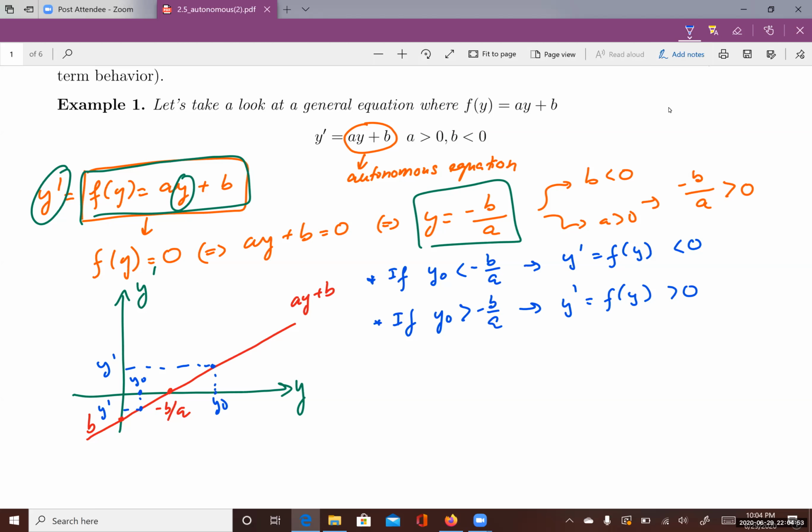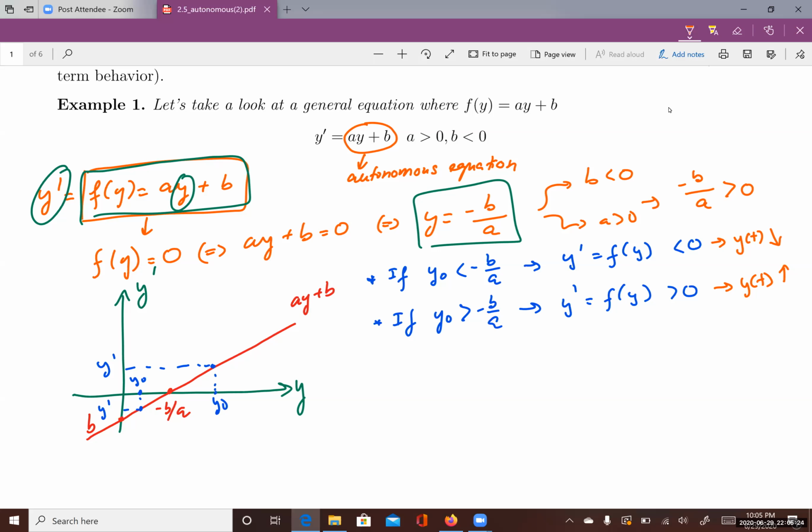That means the solution of this equation is decreasing, because y prime is the derivative of y, and if y prime is negative, then the solution is decreasing. Similarly, if y prime is positive, then the solution y of t is going to be increasing.